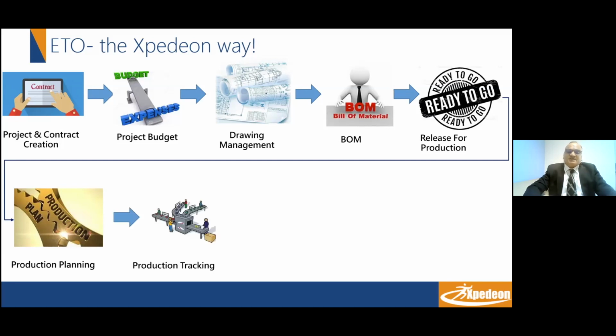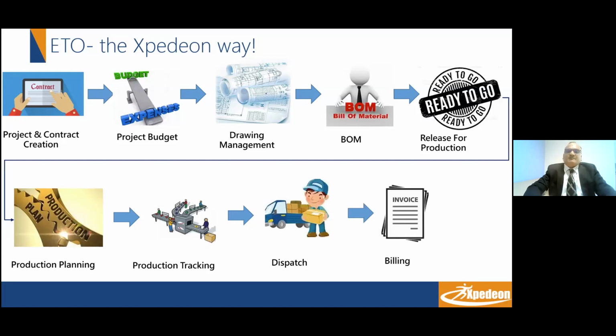Once the production is completed, the finished goods are tracked and dispatched to site for installation, and finally billing is done as per the contract terms and conditions and payment is received as per the agreed payment terms.